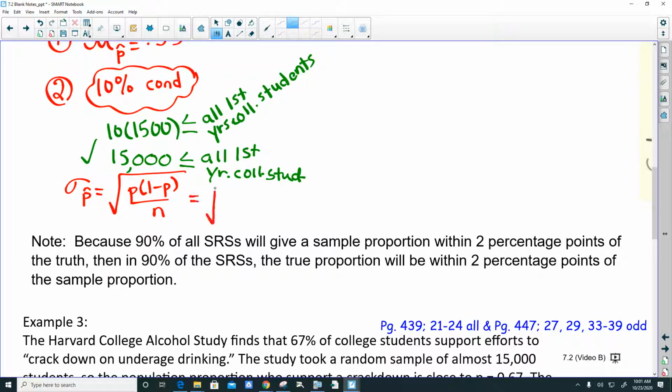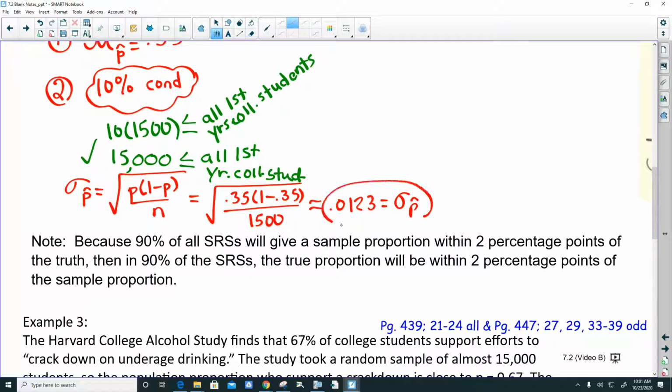Then I'm going to show the substitution, which you do have to show. Our sample size was 1,500. If we punch that in, we get this spread to be roughly 0.0123. I'll label that so I can circle it, because I'll need it later.